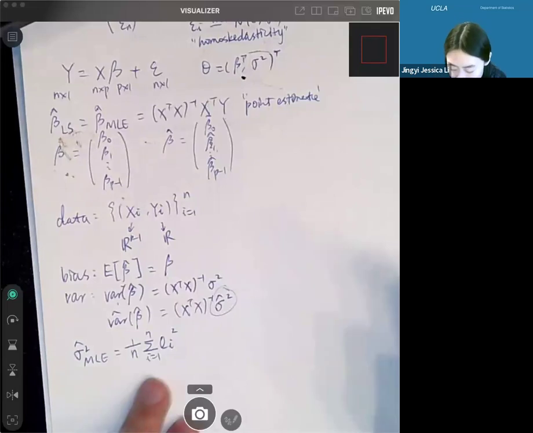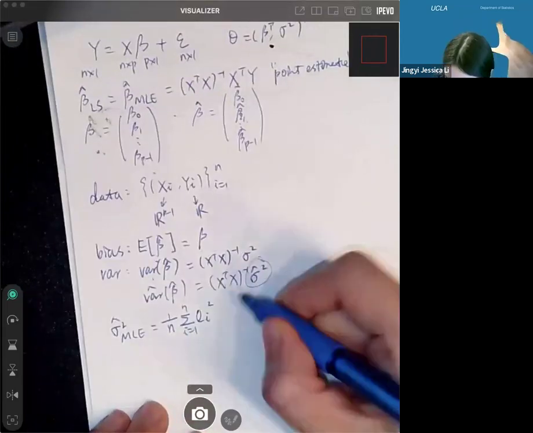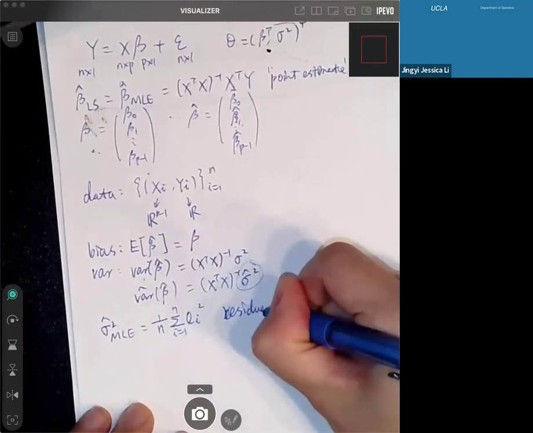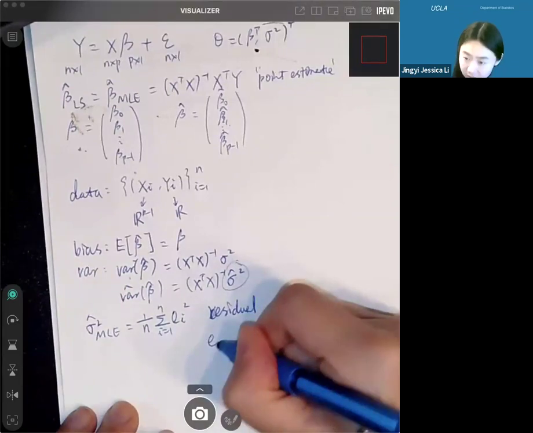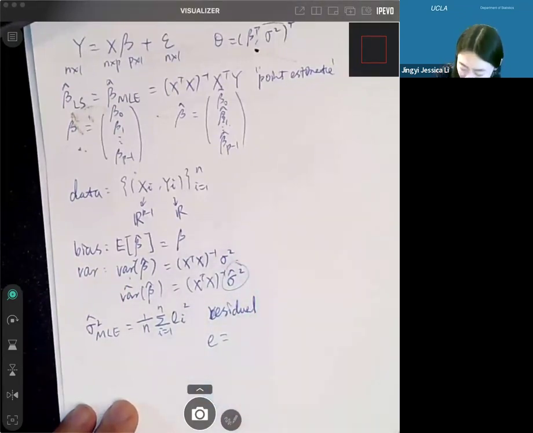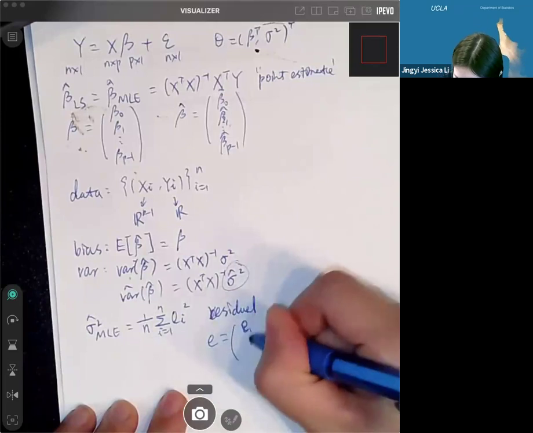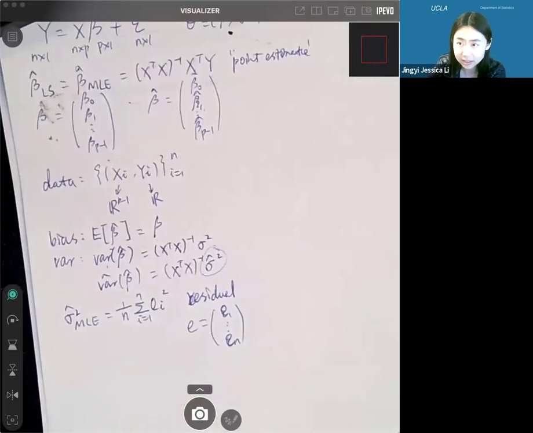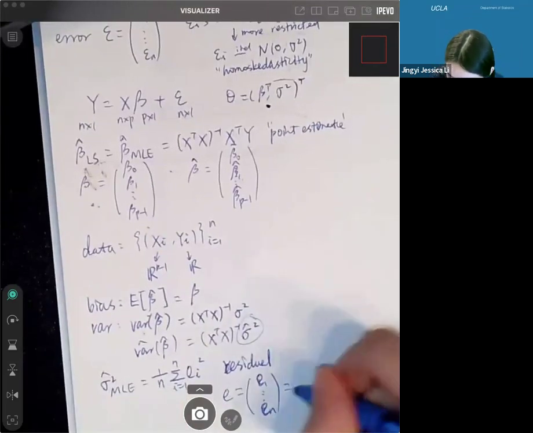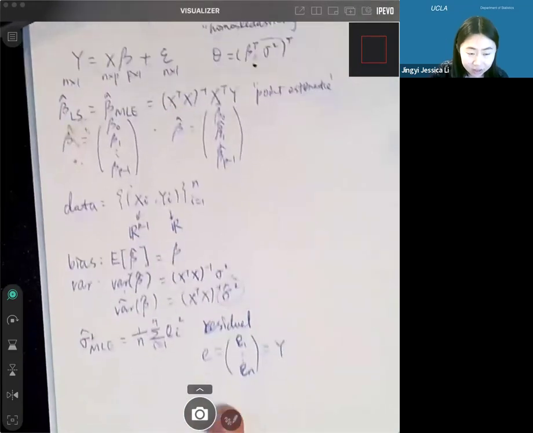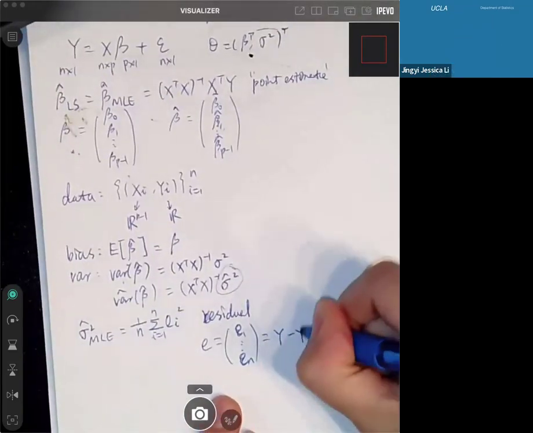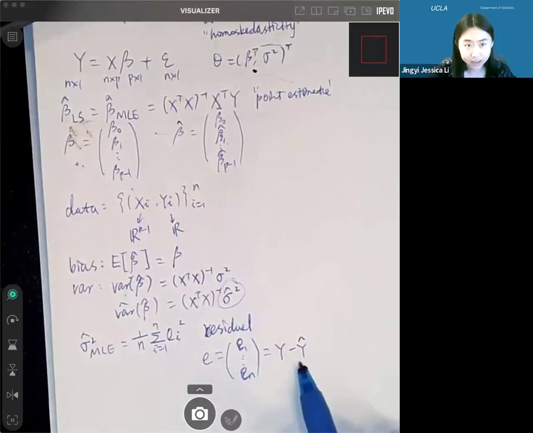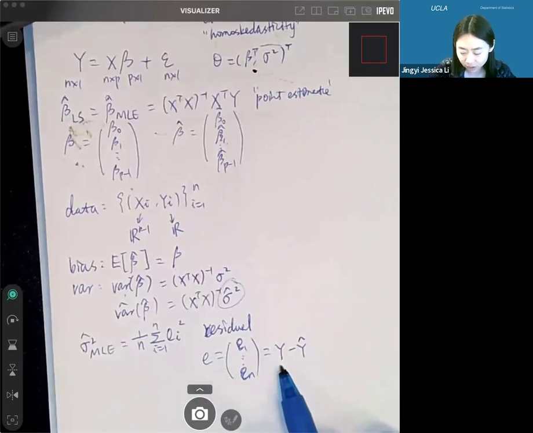And what is e_i? The residual vector e is a vector e_1 to e_n, and it's defined as Y minus Y hat. Y hat is the fitted predicted value, and Y is the outcome we observe.